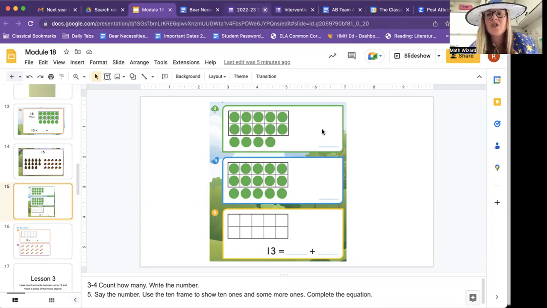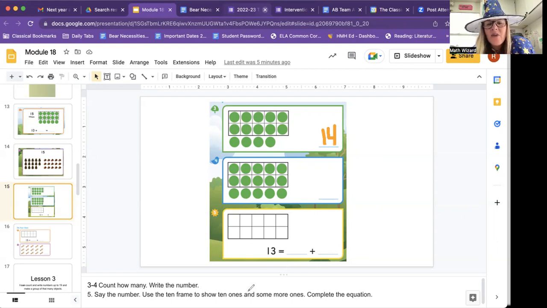Here's the 10, so we start with a 1. How many ones? All right, 14. Let's count this. We start with 10, 11, 12. Can you write that number? Go ahead. Good job. Okay, say the number. What number is this right here?